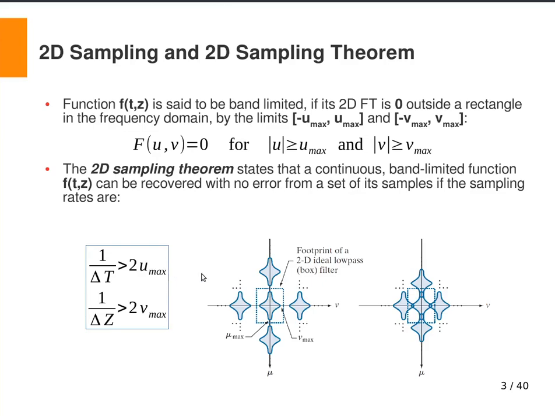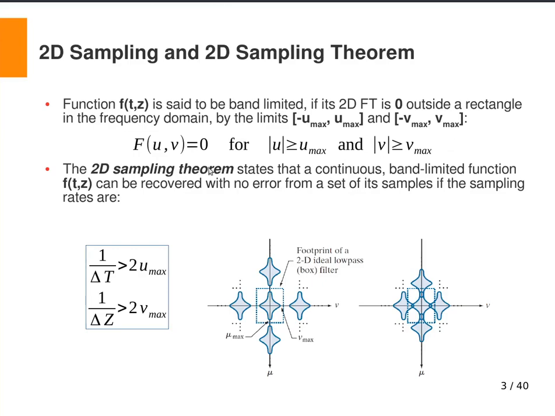For that to happen, the horizontal frequency components should fall between negative u max and positive u max, and the vertical frequency component should fall between negative v max and positive v max.